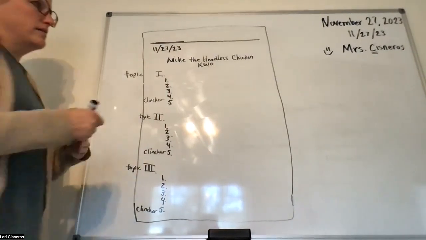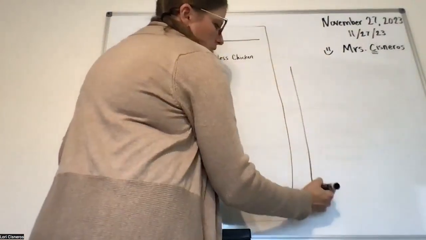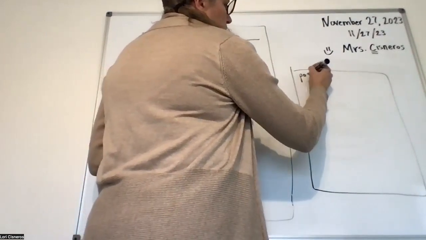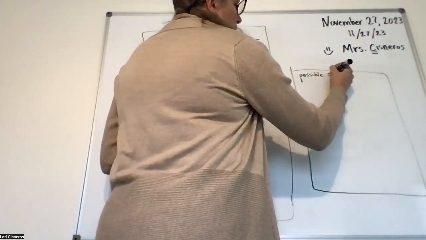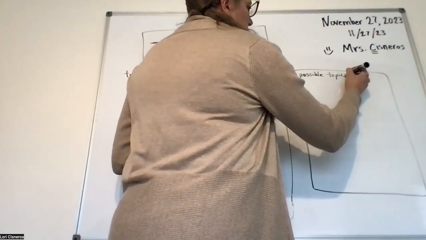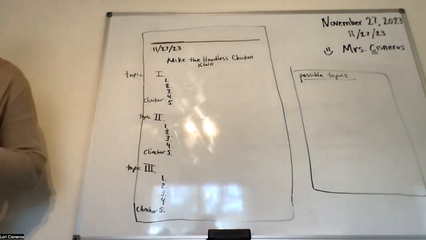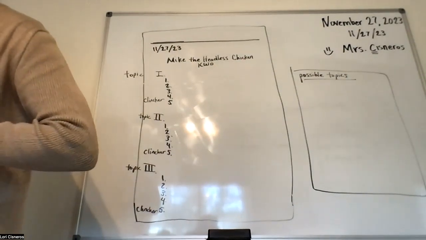On the back, this is the back page. Turn your keyword outline over to the back, and then I just want you to put possible topics at the top. We're going to list some possible topics as we go and read this article.